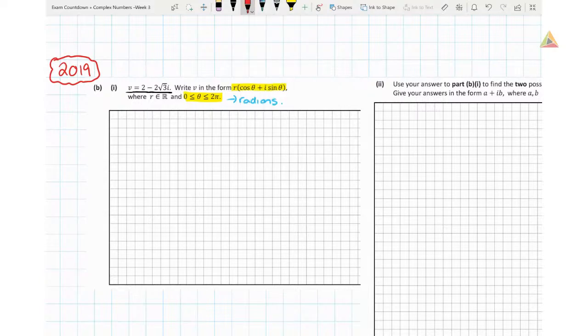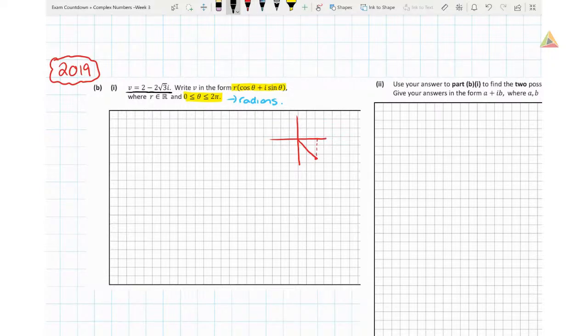So first thing I'm going to do, as I always do, I'm going to draw a rough sketch of my complex number so that I know where it is on the argand diagram. So we're going across 2 on the real axis and we're going down minus 2 root 3 on the imaginary axis. So my complex number is in that quadrant. I'm going to join it back up to the origin for the modulus, and I'm going to create my triangle from the real axis.